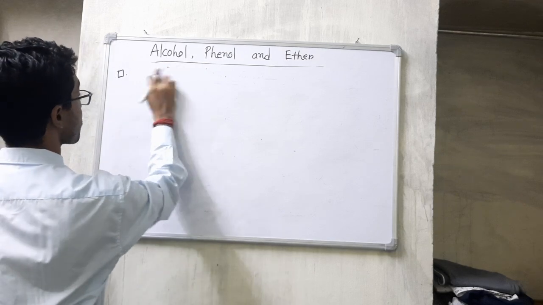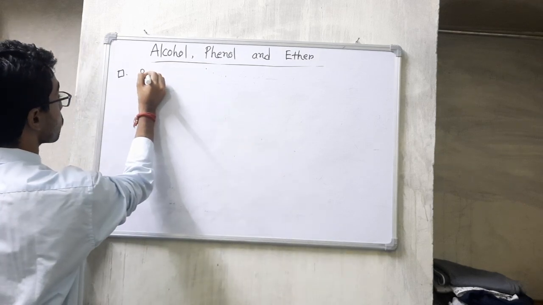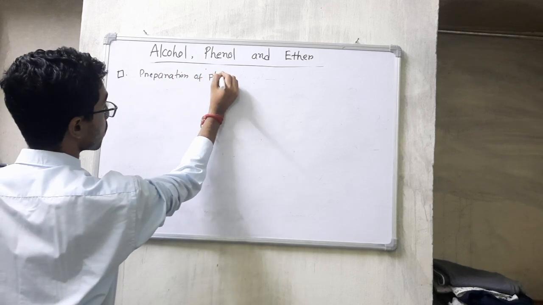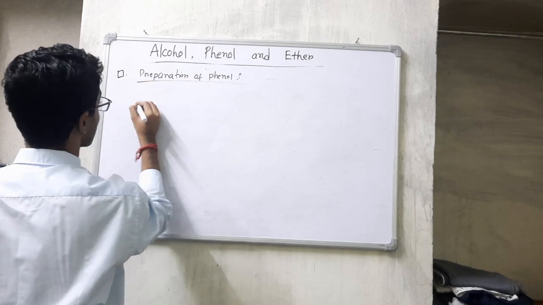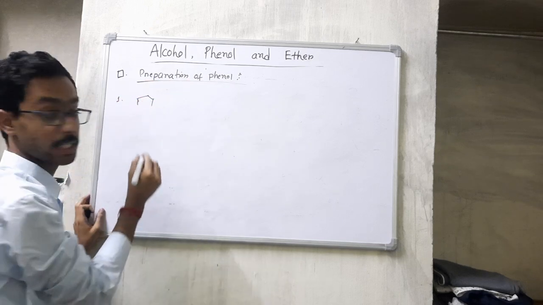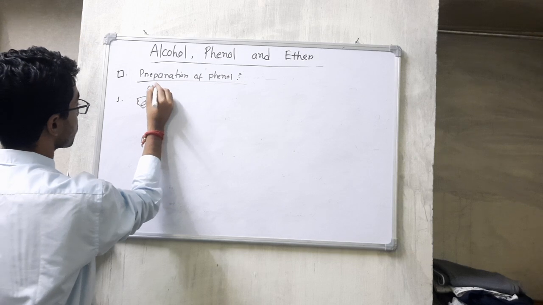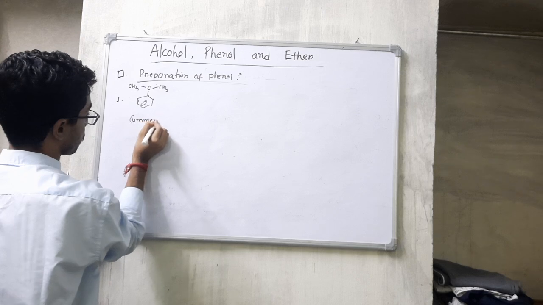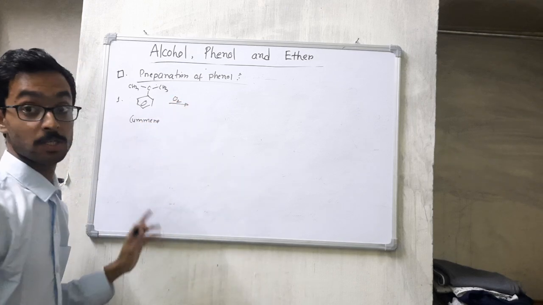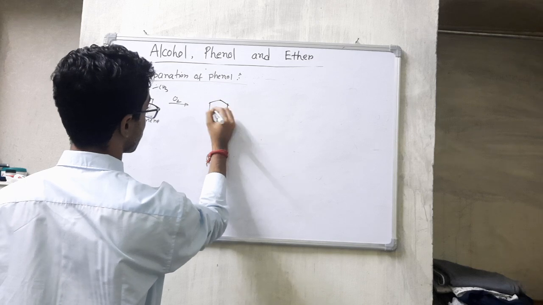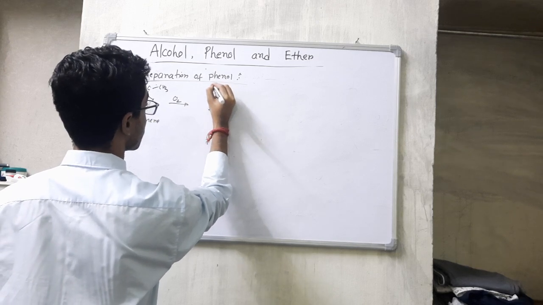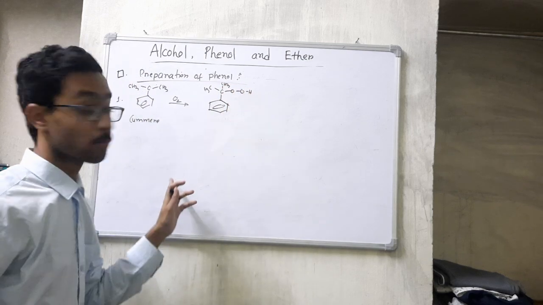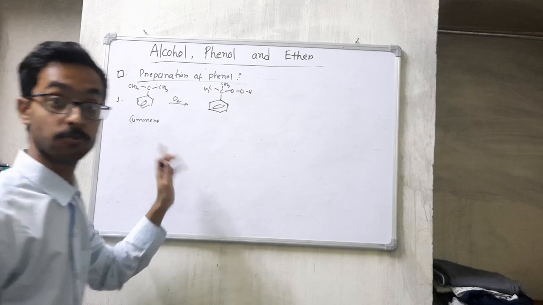So last is phenol. What is the preparation of phenol? There are so many processes. Number 1 is from cumene. This is the structure of cumene. If we treat it with O2, with oxygen, then cumene hydroperoxide is formed.